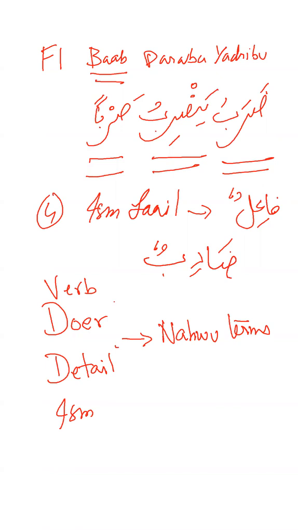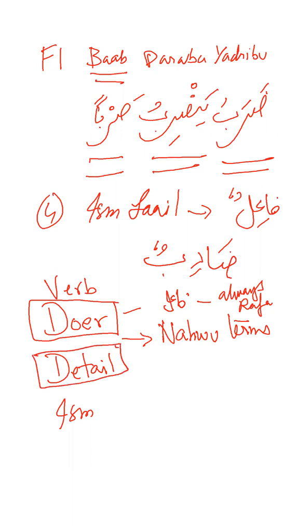Doer, which we call fa'il in Arabic, is always Rafa, right? And detail is called Maful, it's always Nasab.